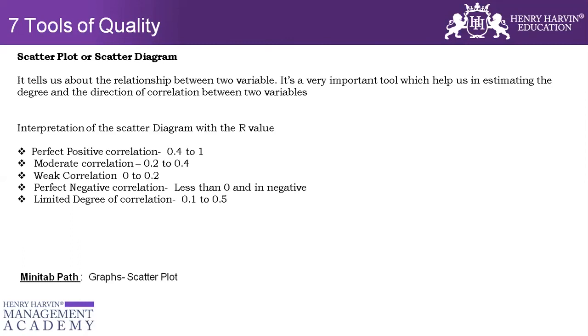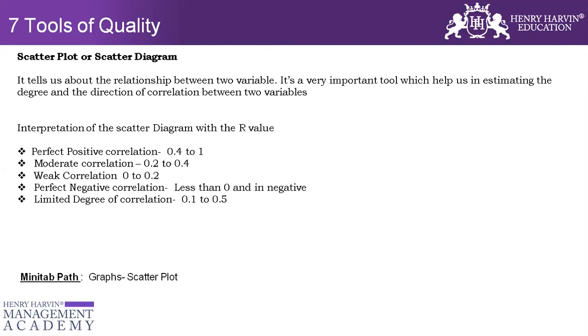So let's pause for a minute. Does anybody have any question? Yes. Just a question. For the moderate correlation, we are saying we consider values from 0.2 to 0.4. And then again, for a limited degree of correlation, we are saying 0.1 to 0.5. The reason behind that is there is a very thin line of difference between 0.1 and 0.5. It is not an industry standard, but yes, we would never be calling it a moderate or a limited degree.